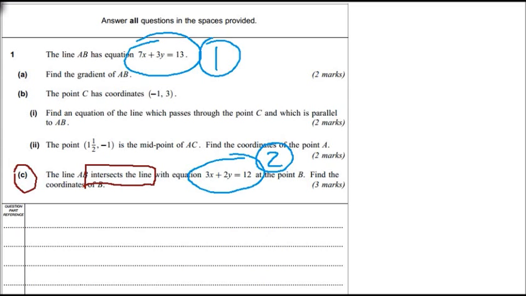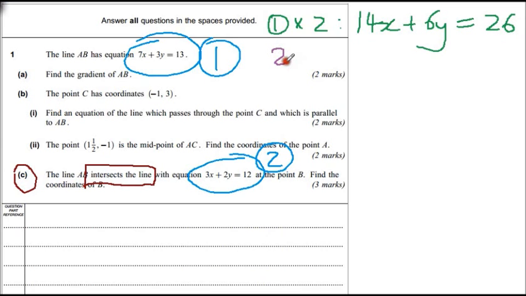I'll explain here. What you can do is take number 1 times it by 2 to get 14x plus 6y equals 26, and then you can take number 2 and times it by 3, which will give you 9x plus 6y, which equals 36.